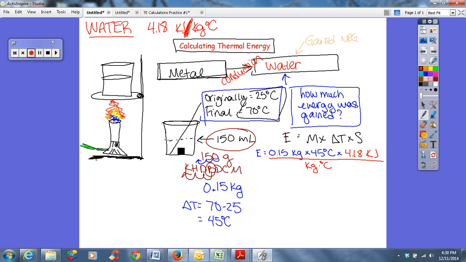And since we did that, this enables us to cross off the units that are repeating, Celsius, Celsius. That way we know whatever unit is left that I can't cross out is going to be our unit at the end. So once we calculate, we're going to get energy equals something kilojoules.